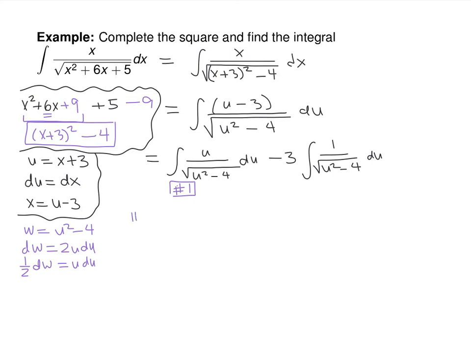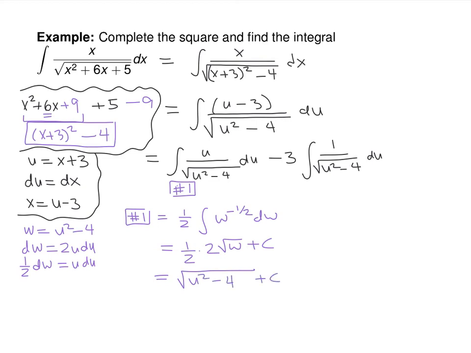So number 1 is equal to 1/2 the integral of w to the negative 1/2 dw, which is the same thing as 1/2 times 2 root w plus some constant c, or square root of u squared minus 4 plus c.